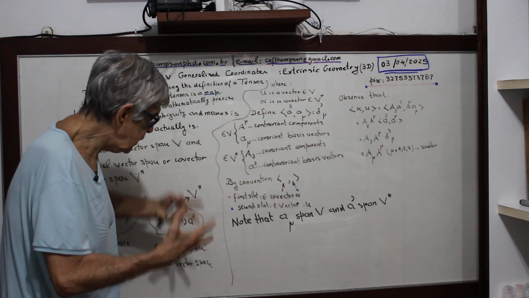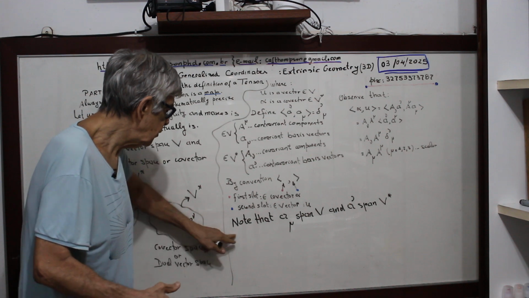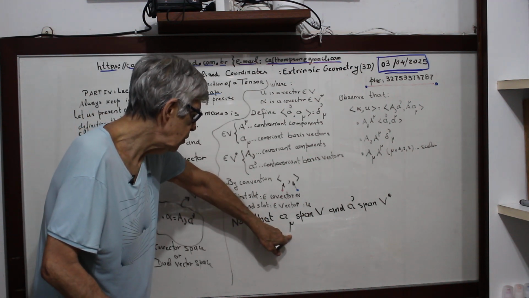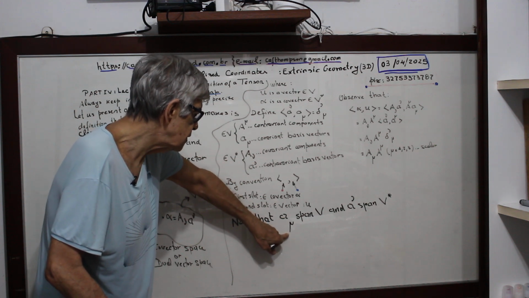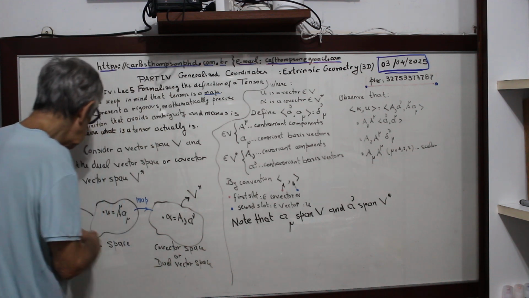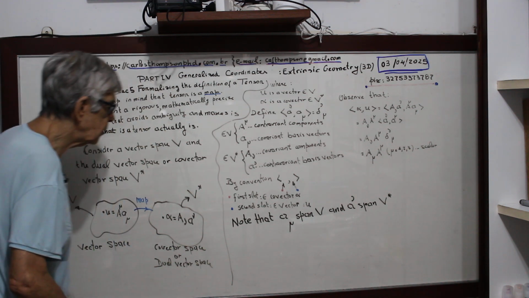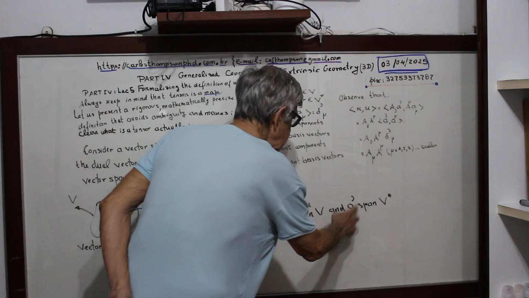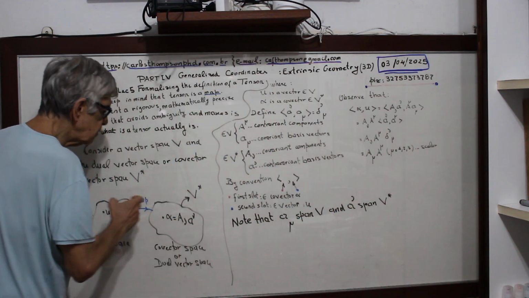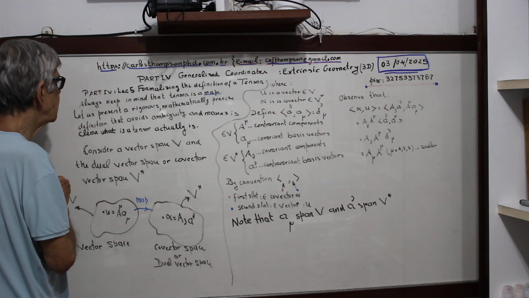Okay. Now again I'm repeating. Note that A mu, okay, lower index, spans the vector space V. Okay. And A nu spans the covector space V star. Okay.